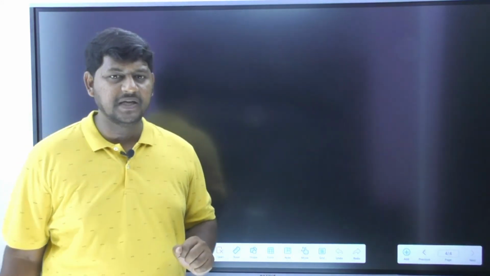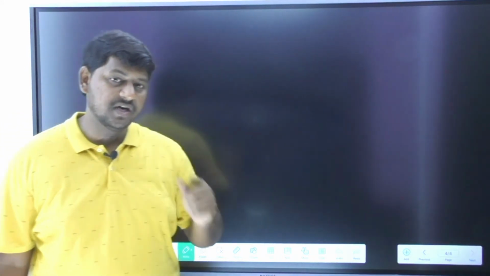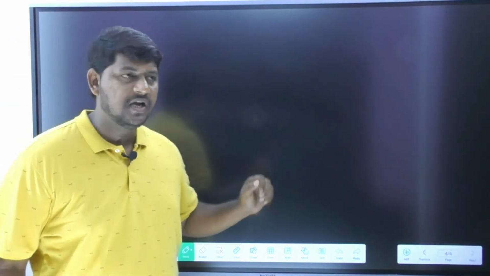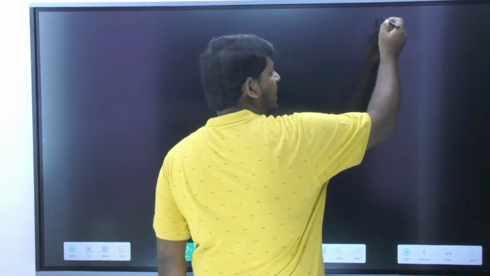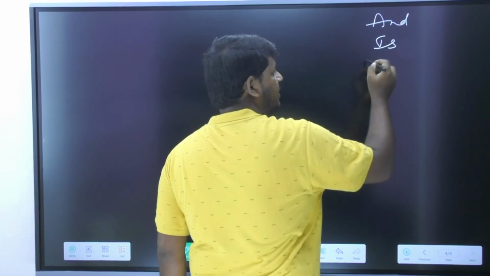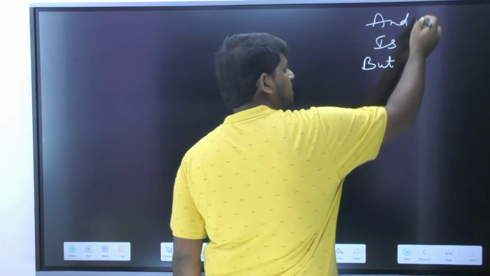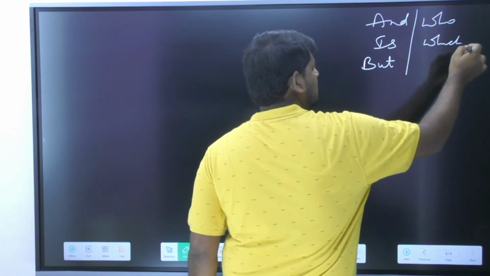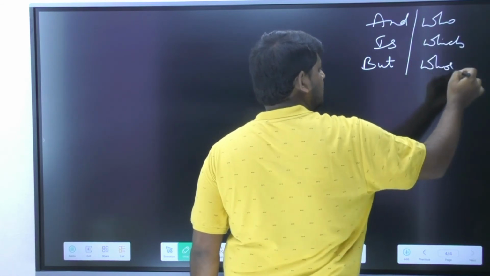We understood the basics. Now we also understood 3 important rules. Am I correct? Now you should also be aware of the keywords. What are the keywords? There are 6 important keywords: and, is, but, who, which, whose.